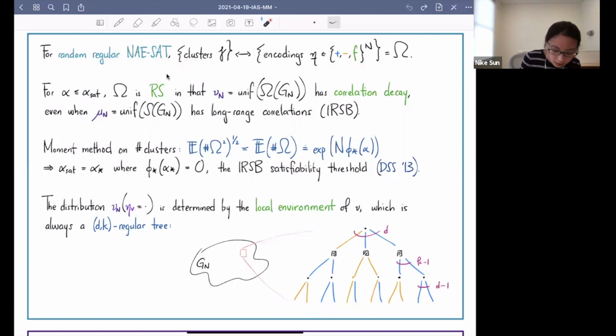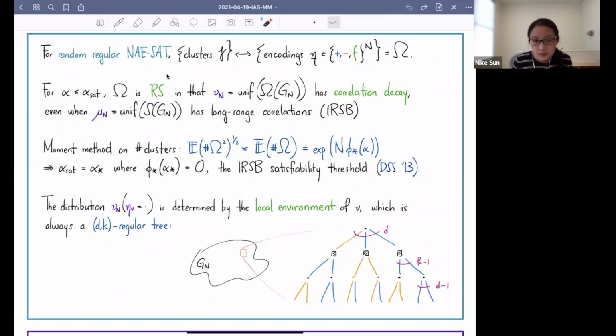The heuristic is that in the satisfiable regime, this plus-minus-free model is replica symmetric, in the sense that the uniform measure on these configurations has correlation decay. This happens even though the original measure on assignments has long range correlations.